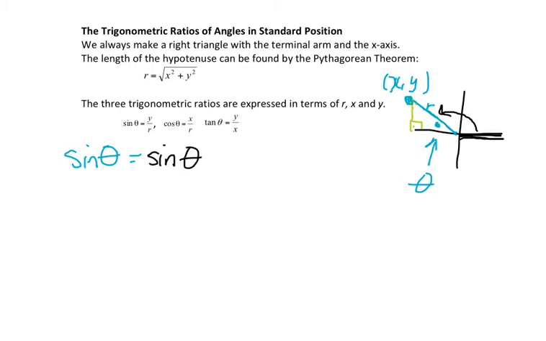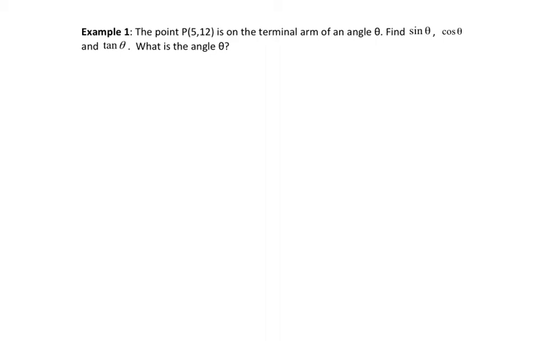The cosine for both of these would have the x over r value. So if I'm thinking about cosine of black theta and cosine of blue theta, they're both going to be negative because this x value is going to be negative. So negative x over r. I'll show you what I mean in some examples.